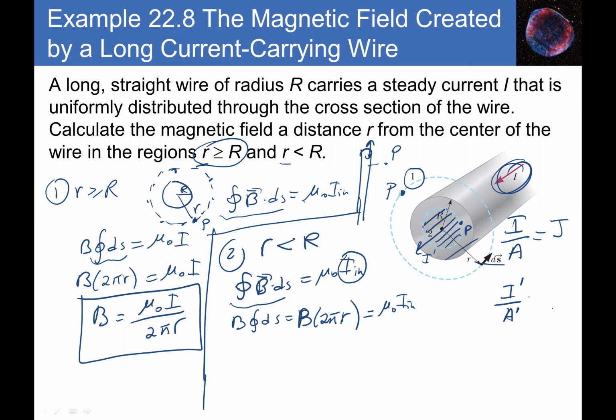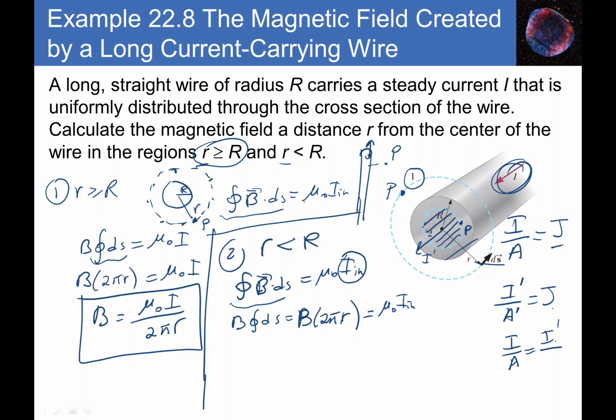If I do this ratio, I'm also going to get the same current density, because this is just like density. Remember, if you take 2 pieces of gold, doesn't matter their size or shape, you're going to get the same density. Same thing here. So this ratio of current over area is always going to be the same no matter what part of the conductor I'm considering. That means this ratio is also the same.